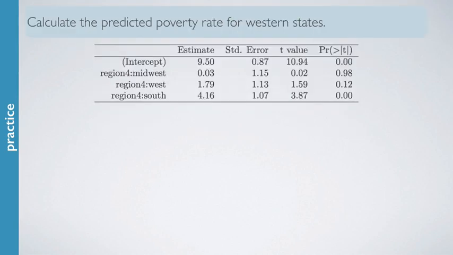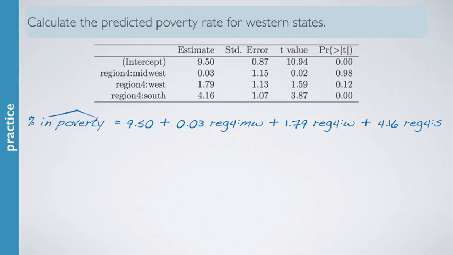Given what we know so far, we can calculate the predicted poverty rate for Western states. We're going to start with our linear model that we developed a couple slides before. And since we're looking for a western state, we would plug in a 0 for Midwest, a 1 for West, and a 0 for South. And all we have to do now is to solve the linear model.